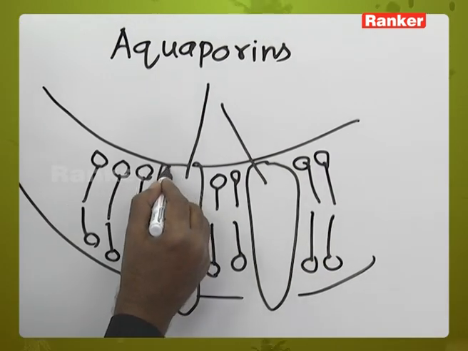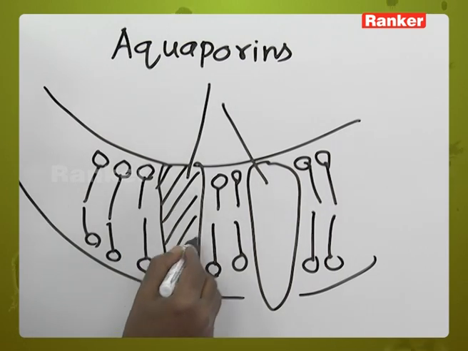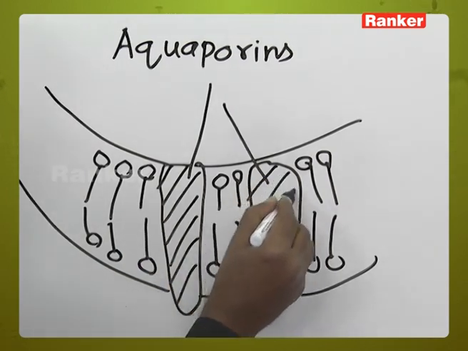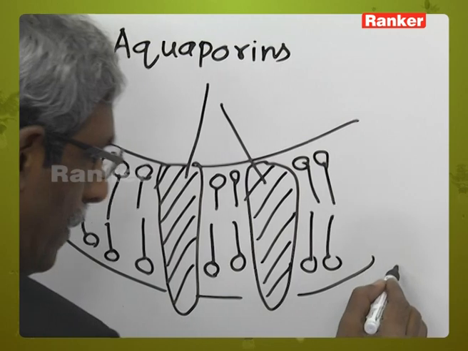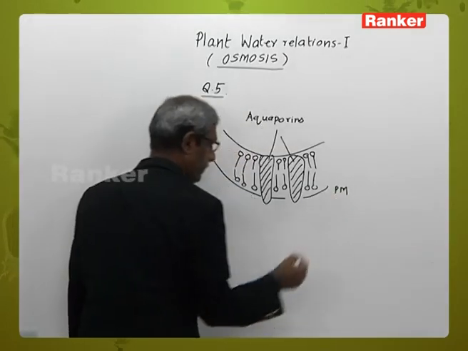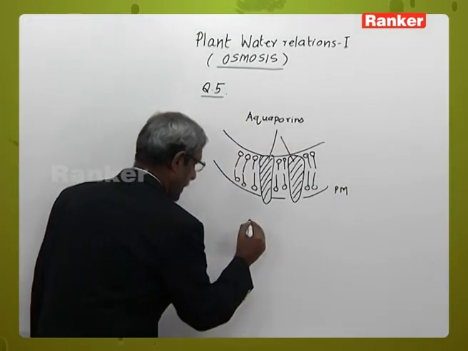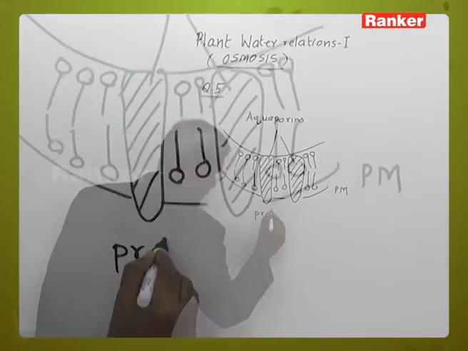These molecules are primarily termed as aquaporins. They are embedded in the plant plasma membrane. So, the aquaporins are nothing but proteins.